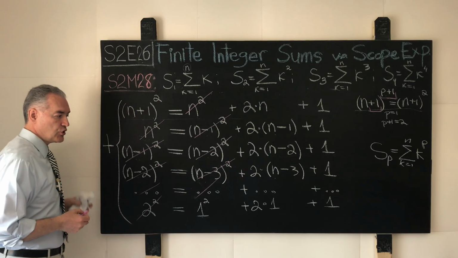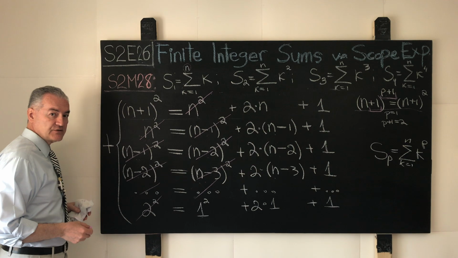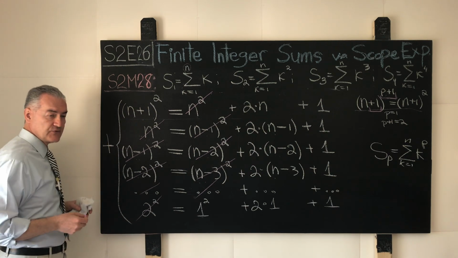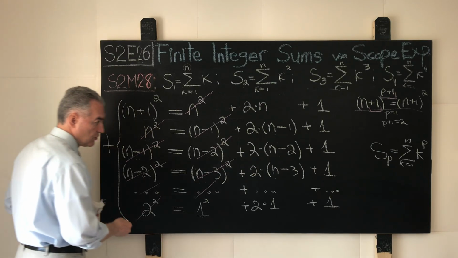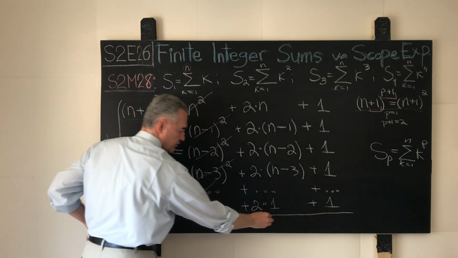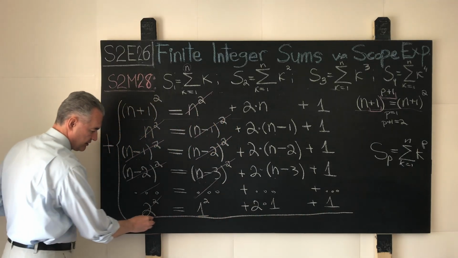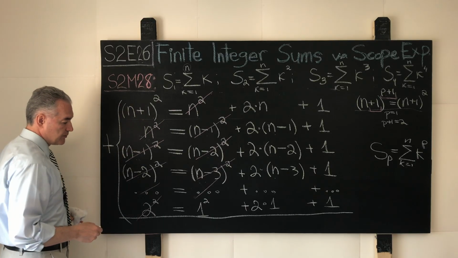And what terms will survive as the result of these wonderful and favorable cancellations? Well, let's write it down over here. I will put a big line underneath this. So once we sum and cancel, what do we obtain?